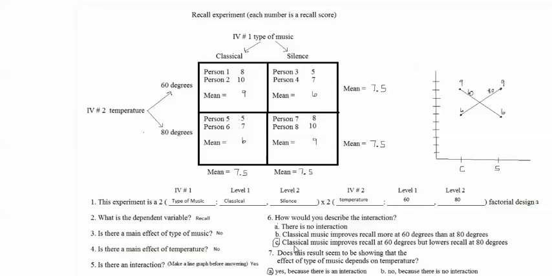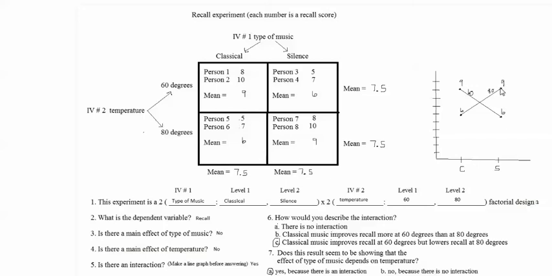So what this interaction seems to be showing is that classical music improves recall when it's a 60-degree room, because in a 60-degree room, recall is at 6 at silence and goes up to 9 at classical. It shoots up like this. But when it's 80 degrees, in the silence room, the recall is at 9.